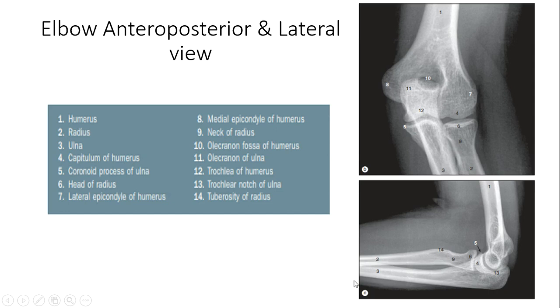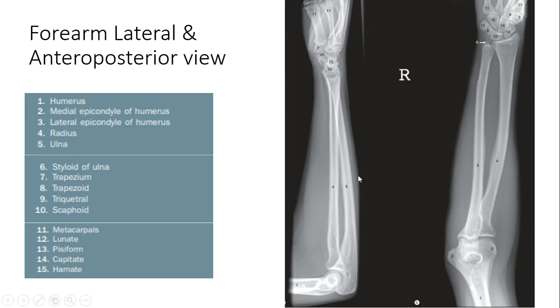To the next X-ray. Yes, these are the bones of the forearm, actually the X-ray of the forearm. You can see the two bones and the soft tissues. This is on the medial side, this is the ulna, and on the lateral side, this is the radius. These are the shafts of the two bones.